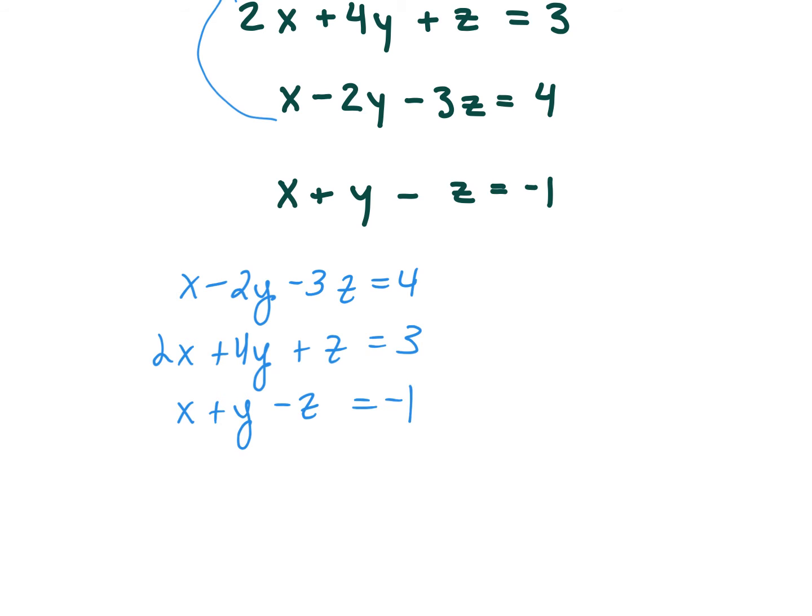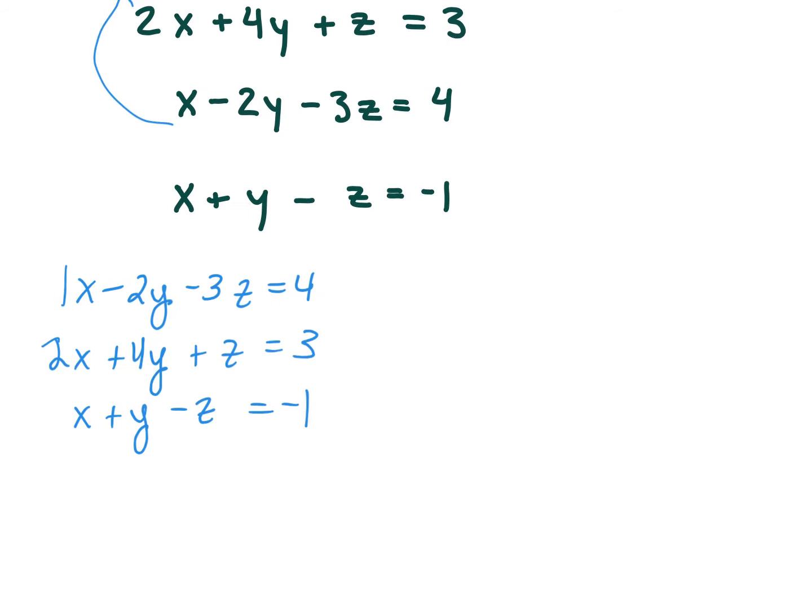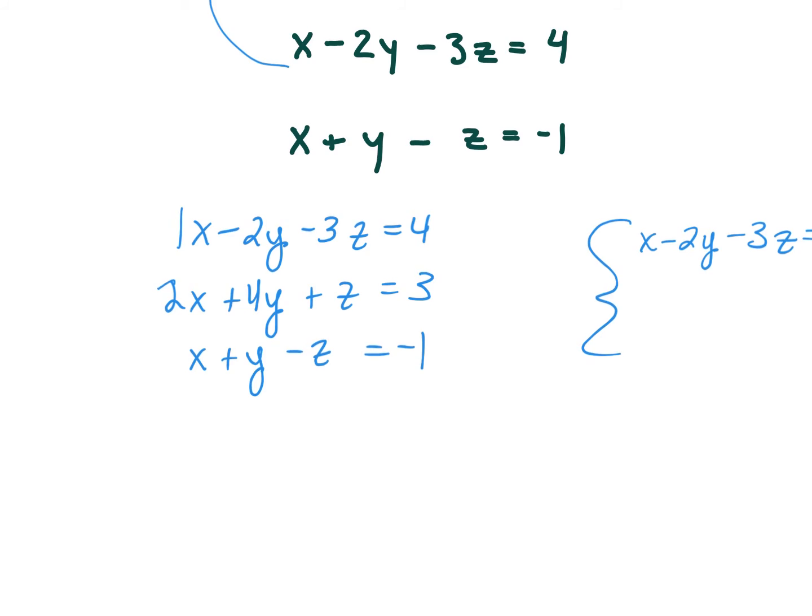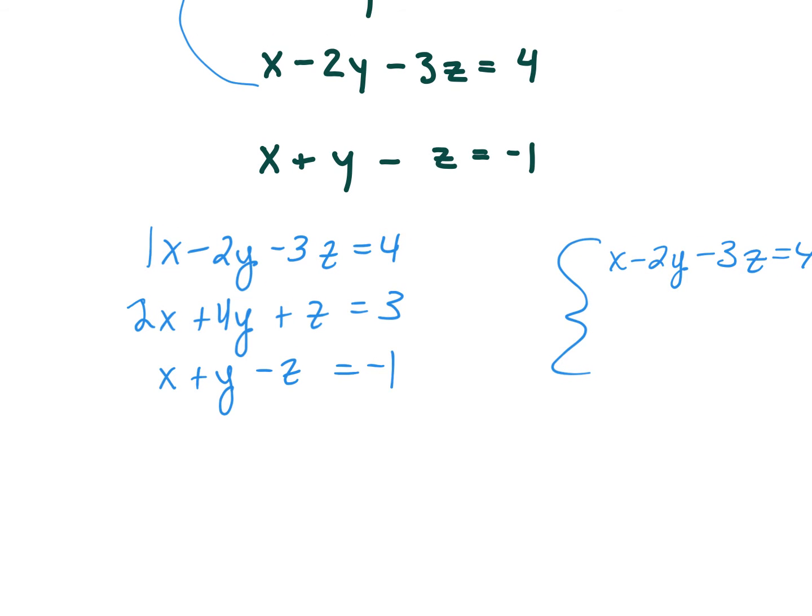Looking back, does my first equation now start with a positive 1x? Yes. So I can rewrite it over here in my bracket, and that's going to be my first equation. Remember, we're trying to get this into back substitution form. So my first equation should have 3 variables, which it does. What should my second equation in my bracket have?